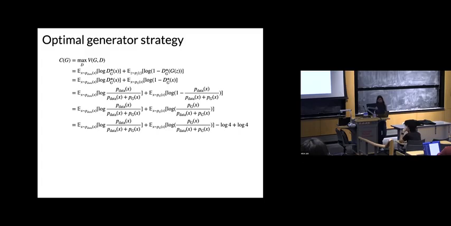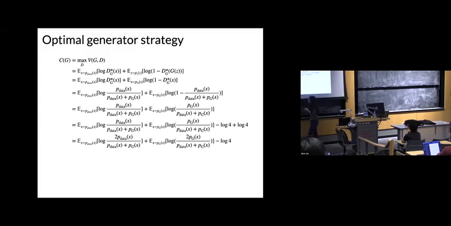Let's forget about the minus log 4 and take the plus log 4 and split it up. Why would you do that? Because log 4 is essentially 2 log 2. Now, this log 2 can be combined with these other terms. What we care to show here is p data plus pg divided by 2.